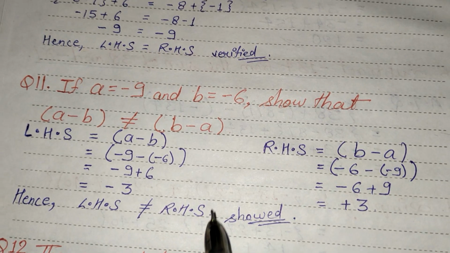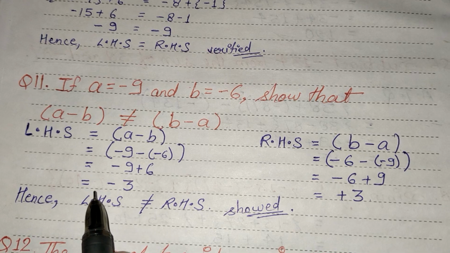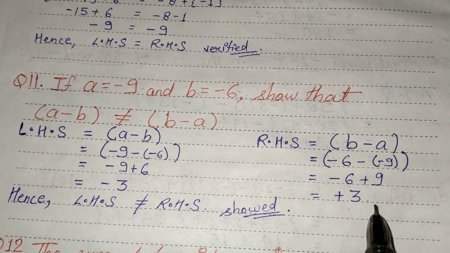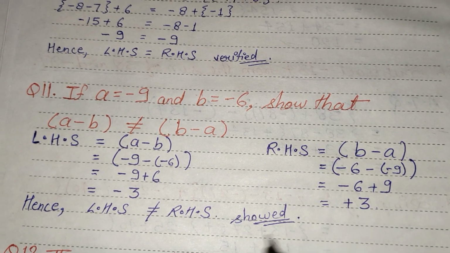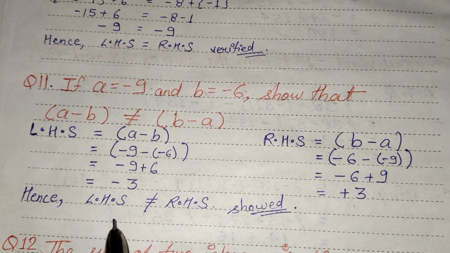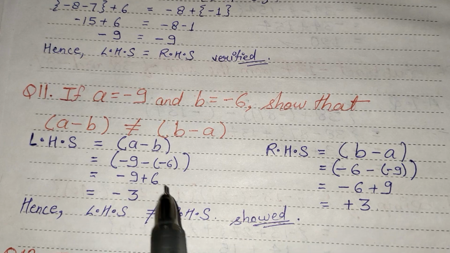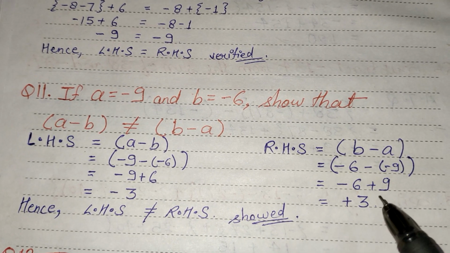Now put the value and solve it. In left hand side you get minus 3 and in right hand side you get plus 3. So clearly we can see that LHS is not equal to RHS, hence a minus b is not equal to b minus a, proved.